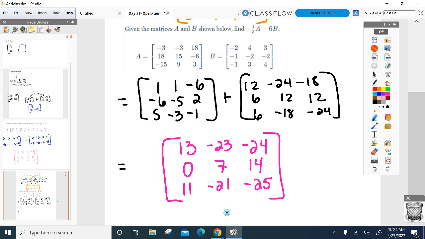I can't believe someone did that. I don't care what you did, whether you multiplied by 6 or negative 6. This is our final matrix here at the end.